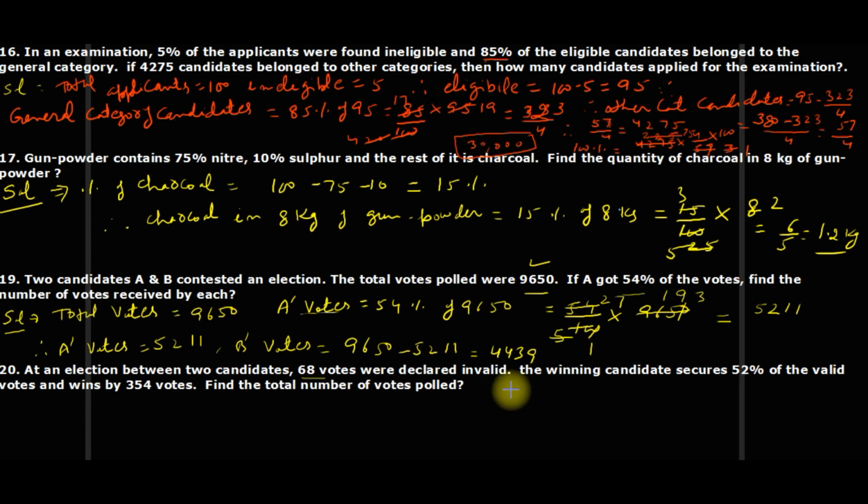Out of 100, 68 were invalid, right? So first we will count valid votes. Valid votes equal to 100 minus 68. So this has come out to be 32, right?